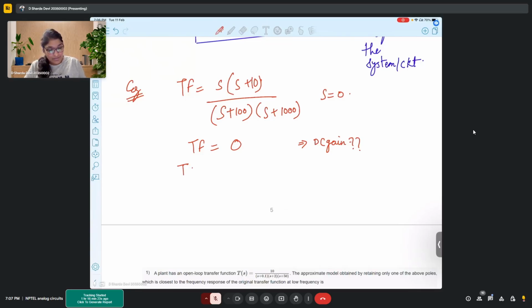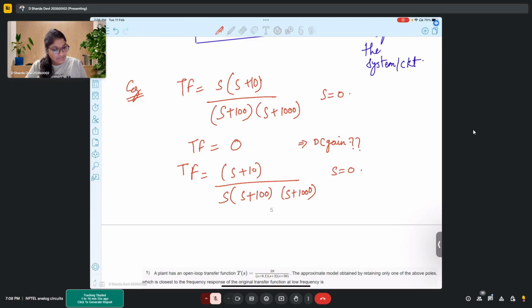But if you have a transfer function like this, with s plus 100 and s plus 1000, the idea is you have to put s equal to 0.